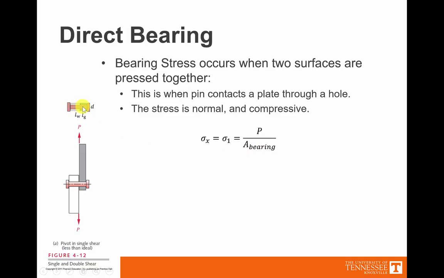And here's the bearing area described up here. So let's see. The bearing area is going to be the diameter of the pin, the inside diameter going through, multiplied by the length of the pin, which in this case is the length of W and the length of G together.